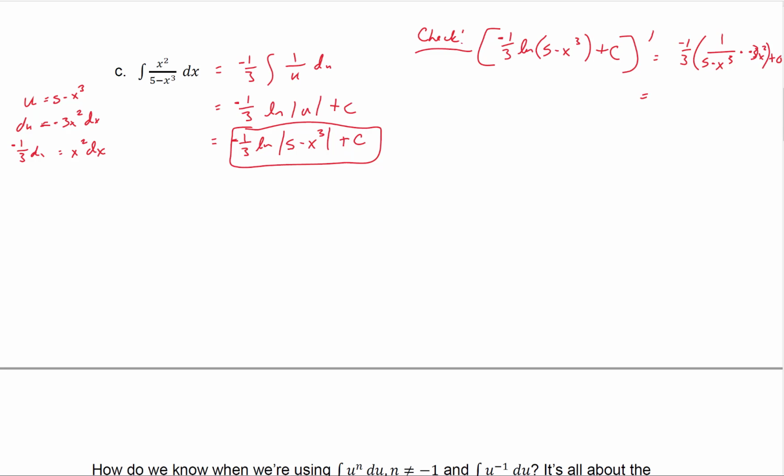And so we end up with negative 3x squared over 5 minus x cubed times negative 1 over positive 3. So the 3's cancel. Negative times negative becomes positive. And so we're left with x squared over 5 minus x cubed, which is our original integrand. So we're good.